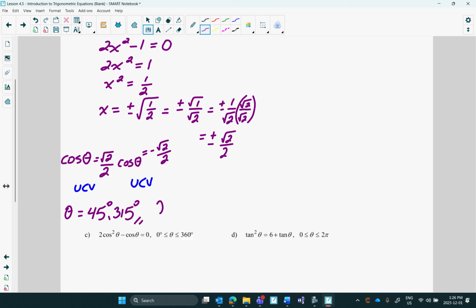For this equation, what angles have cos, the x coordinate, as negative root 2 over 2? 135 and 225, pardon me. Okay. So you notice when we have quadratic trig equations, there's more solutions. Because usually we end up having to solve two separate equations after we do the factoring. Okay?